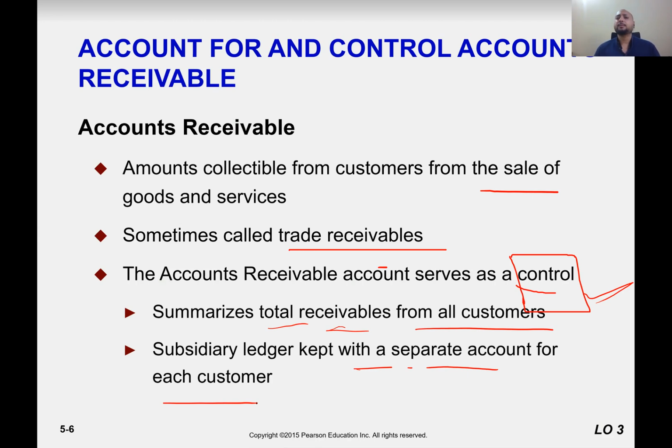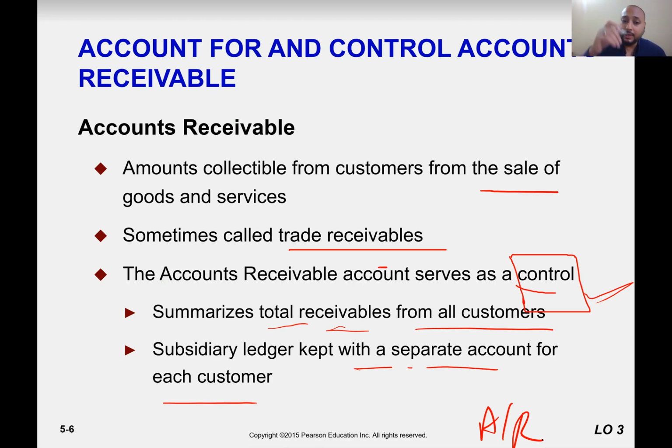But in the balance sheet, we just write accounts receivable, that's it. But a company has 1,000 customers who are ordering and paying you later. So how can a company know how much Mr. Jamal owes to this company, how much Miss Marilyn owes, how much Mr. Harry owes, right?